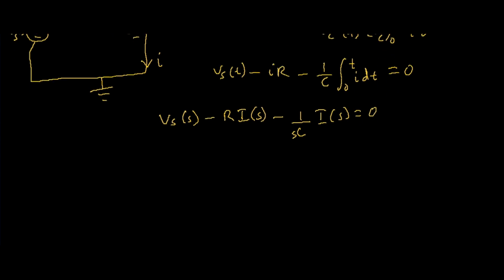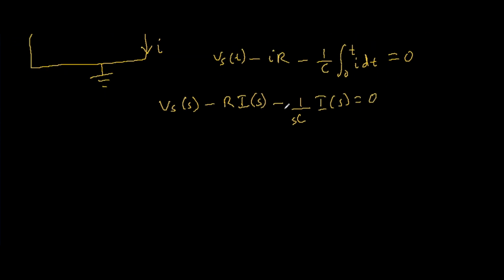Okay, so we have this expression. We want to take all the I's to one side, because remember all we want is output over input. So we have Vs of S is equal to, let's collect like terms, I of S into R plus 1 over SC.